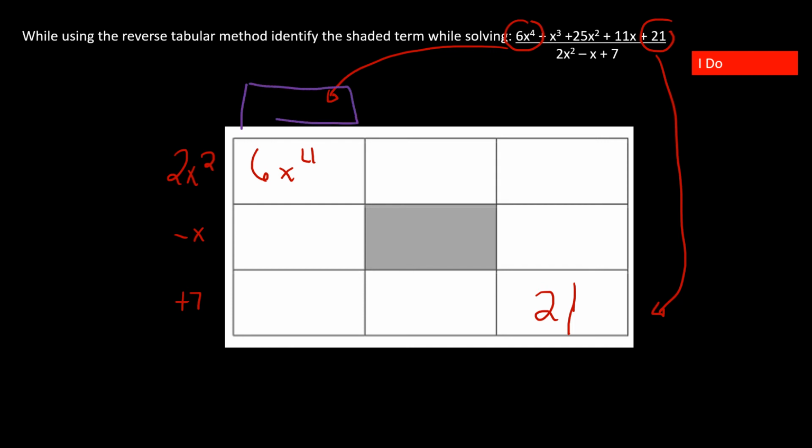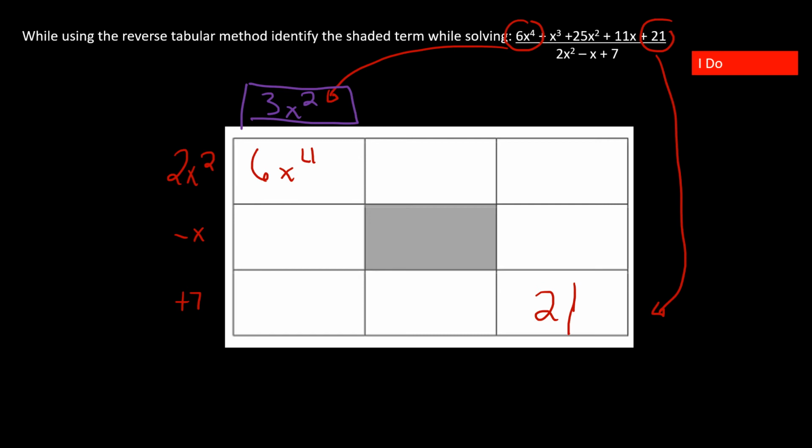So to get this one here, we've got to think of some factor times 2x squared that would give us 6x to the fourth. Well, that would be 3x squared. Oh, okay, cool. So this is 3x squared. We know this to be true.